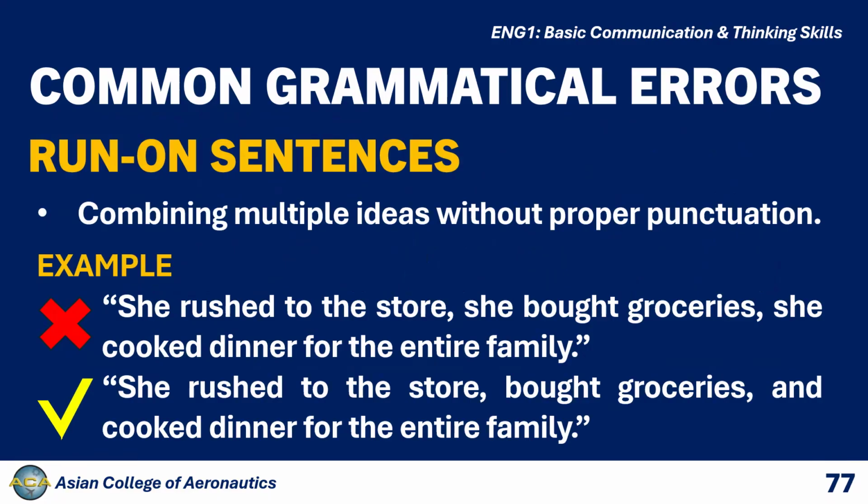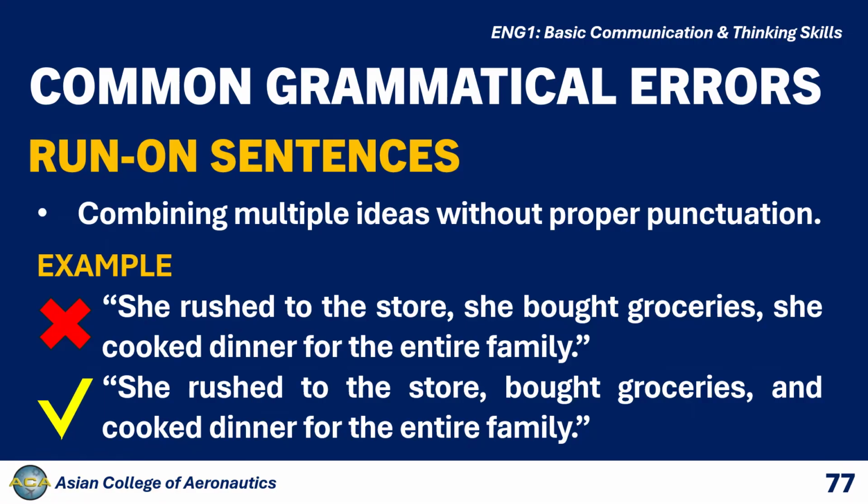That's why whenever we are writing a simple sentence, we have to be mindful of our punctuation. We have to use proper punctuation. For example: she rushed to the store, she bought groceries, she cooked dinner for the entire family. This is an example of a run-on sentence.